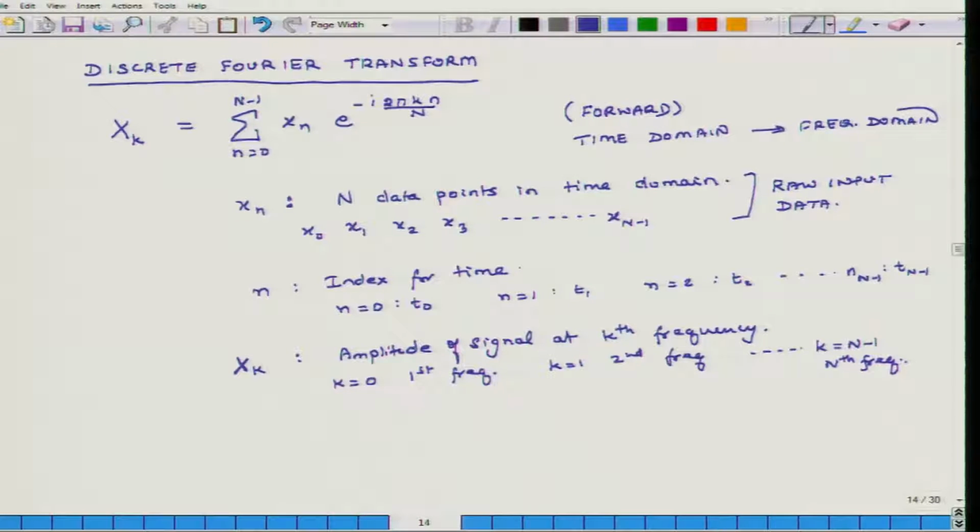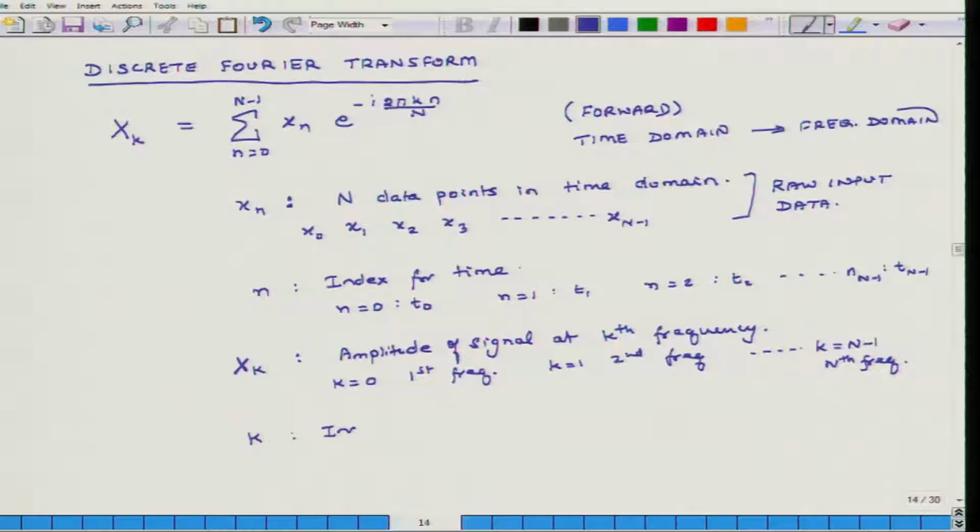So, k by itself does not equal frequency, but it tells us that the amplitude of the first frequency is x0, amplitude of the second frequency is x1, amplitude of the third frequency is x2 and so on.